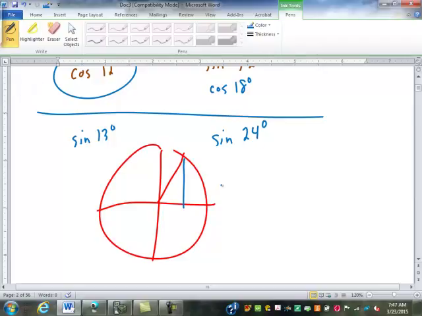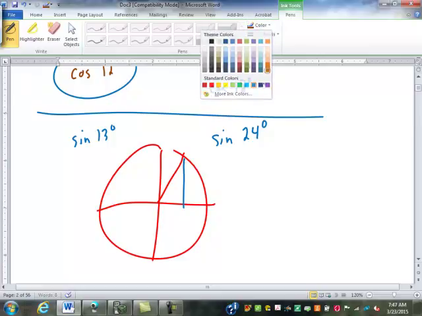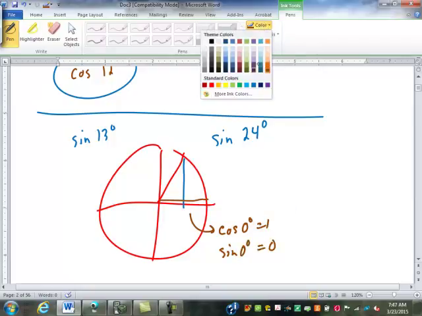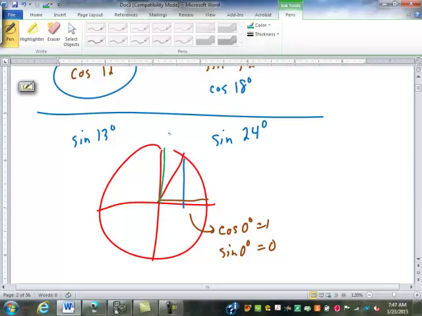So the sine and cosine kind of do the opposite. At 0 degrees, the cosine of 0 degrees is 1. The sine of 0 degrees is 0. But at 90 degrees, the sine of 90 degrees is 1. The cosine of 90 degrees is 0.